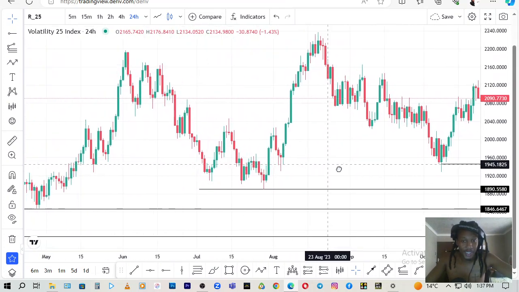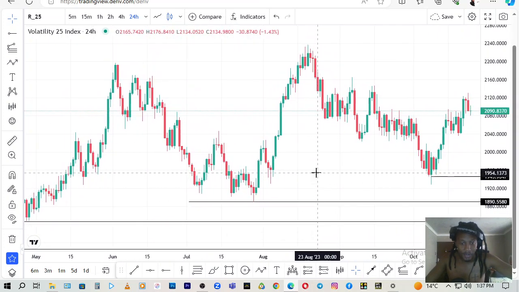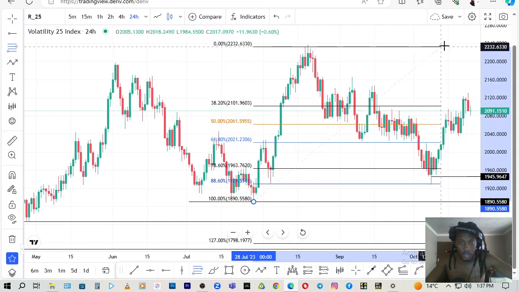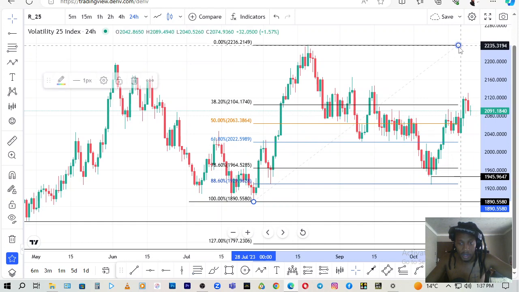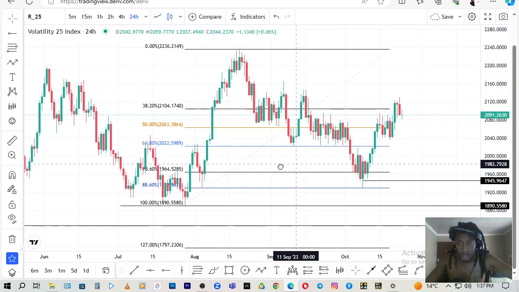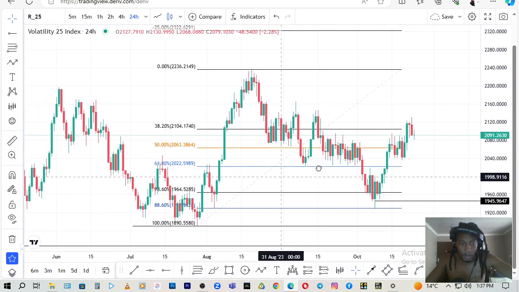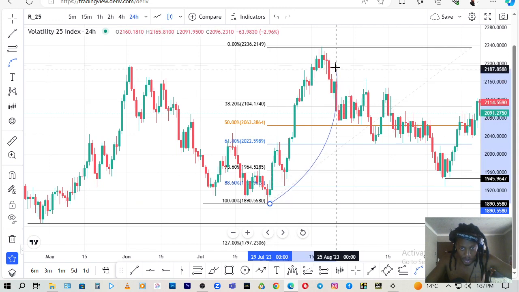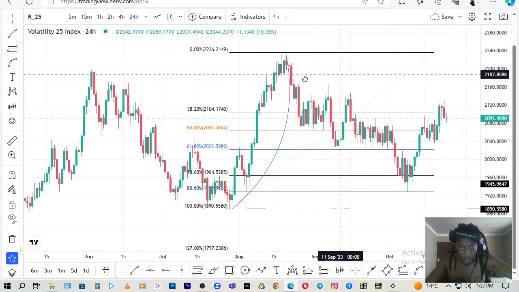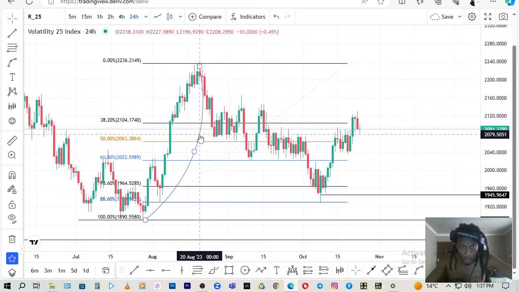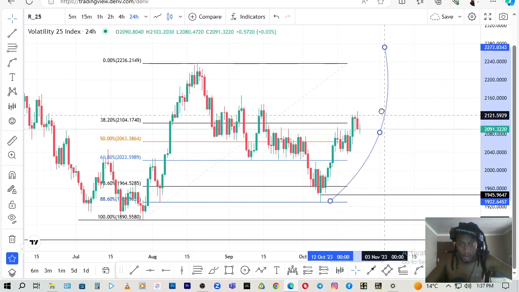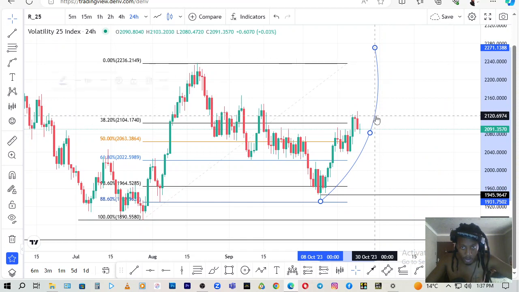So yeah guys, even if we use our flip retracement, you see that we're on 80%, I think 88%, yeah. So the same leg, let me just use a curve. The same leg we got here, the same impulse we might also get here.